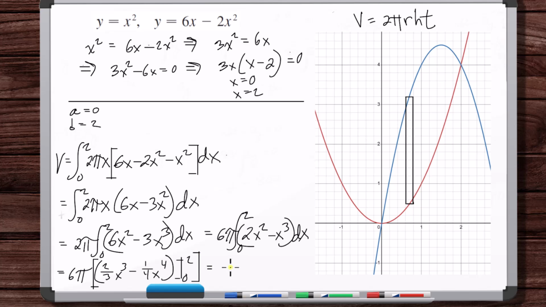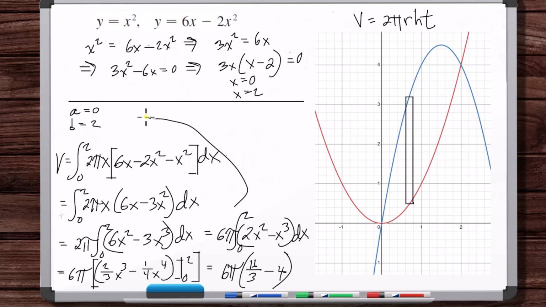Okay, so 6 pi, and at 0, this is all 0, so we just need to plug in this evaluated at 2. So 2 cubed is 8. 8 times 2 is 16, so 16 divided by 3. 2 to the 4th again is 16. 16 divided by 4 is 4.